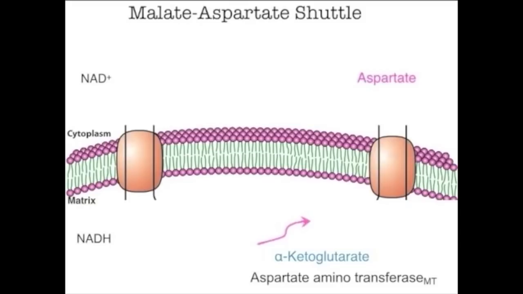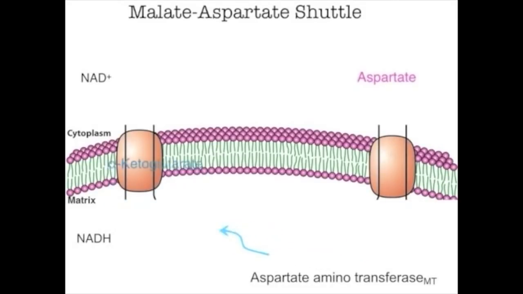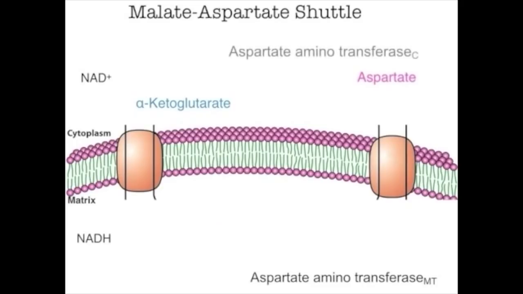This is the same intermediate that we saw in the TCA cycle. So we don't want this to build up either. And what we're going to do is transport this out of the mitochondrial matrix by way of a transporter. Once this alpha-ketoglutarate is in the cytoplasm, it can accept an amino group from aspartate to be turned back into glutamate to begin the cycle again.